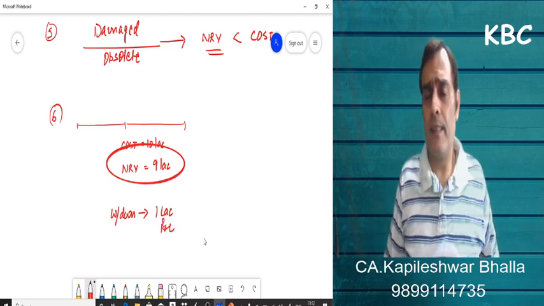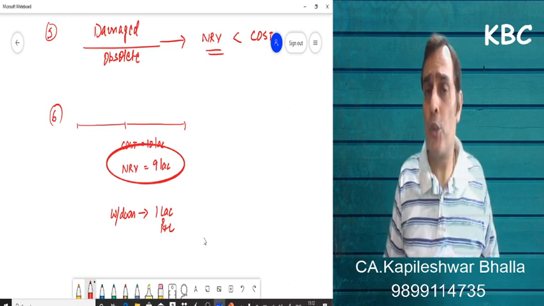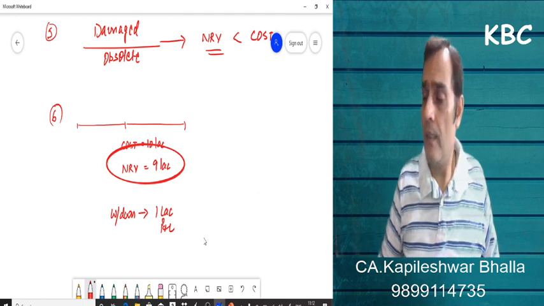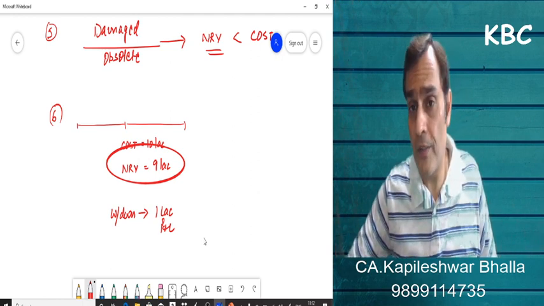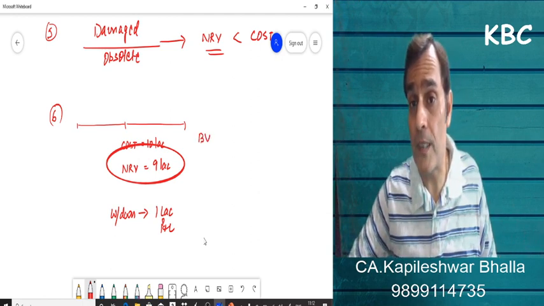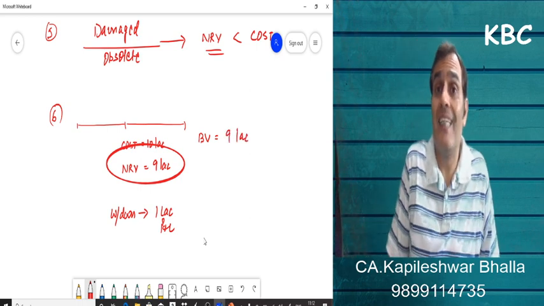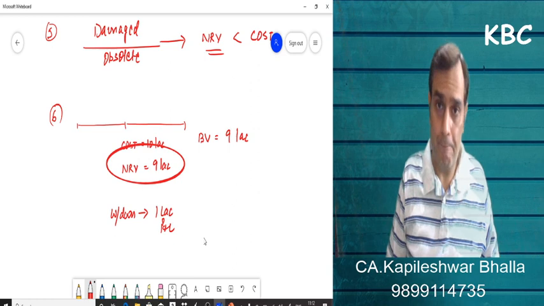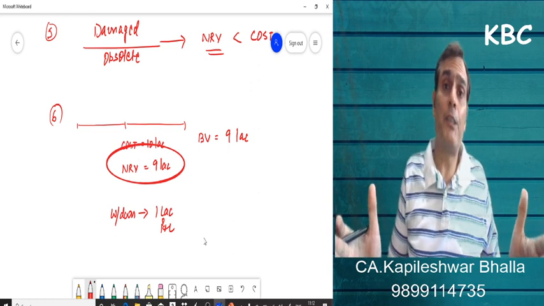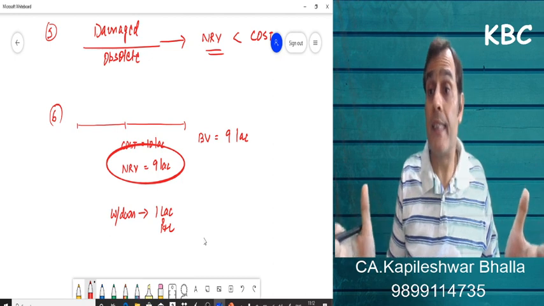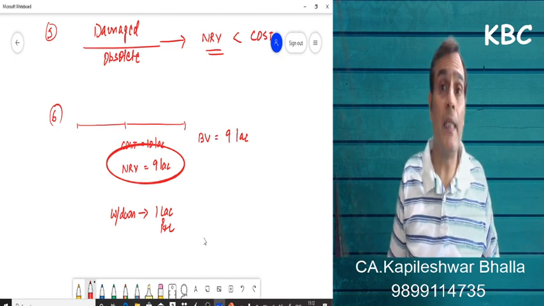Let's assume that this inventory is not yet sold at the end of the second year and it is still in stock. So now we have the book value of this inventory. Mind you, since you took the inventory at 9 lakhs on the first balance sheet date, naturally the carrying amount of the inventory on the second balance sheet date is supposed to be 9 lakhs.